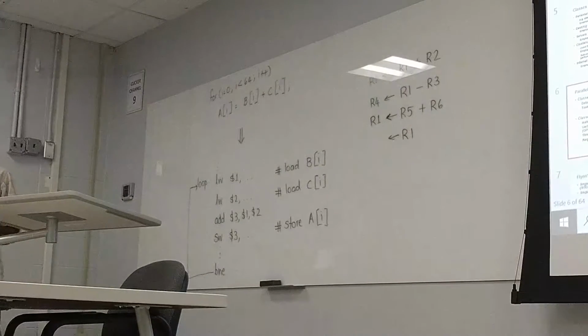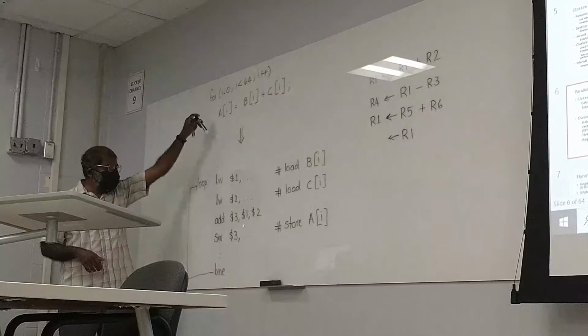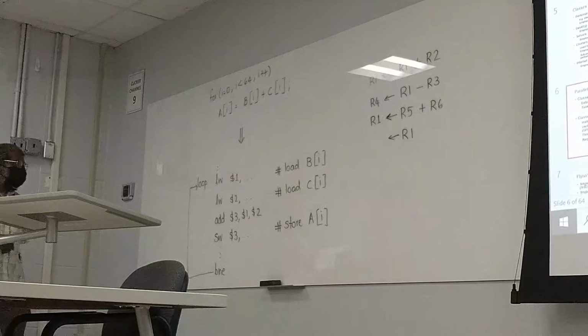So this is usually how that C code will be translated to assembly code.